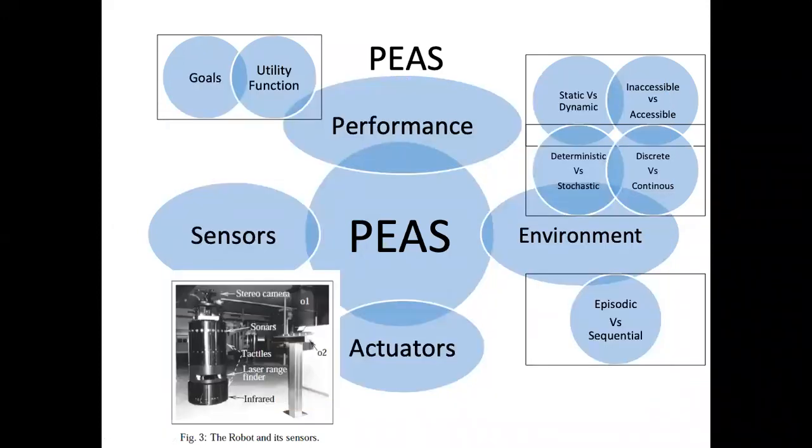Then you have the actuators. So actuators could be in the form of, let's say, the agent could be fitted with wheels, or with some sort of robotic arm, or something of that sort, which performs some sort of action. If it is a navigational robot, then the agent has to move from one place to another.